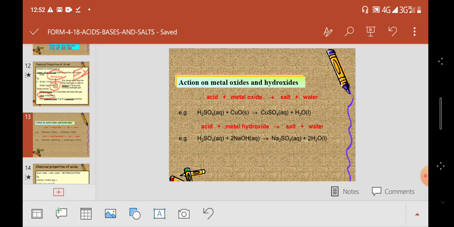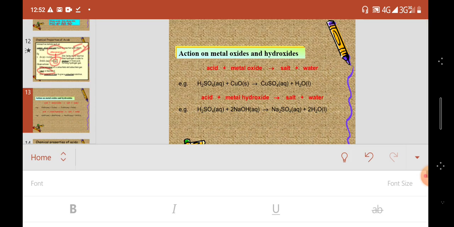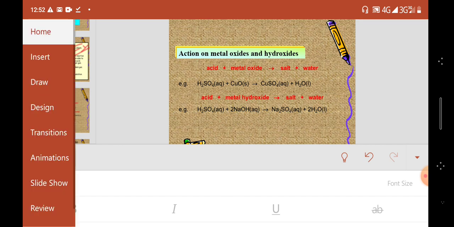And in our next example, we have sulfuric (VI) acid in another reaction, maybe reacting with oxides and hydroxides.